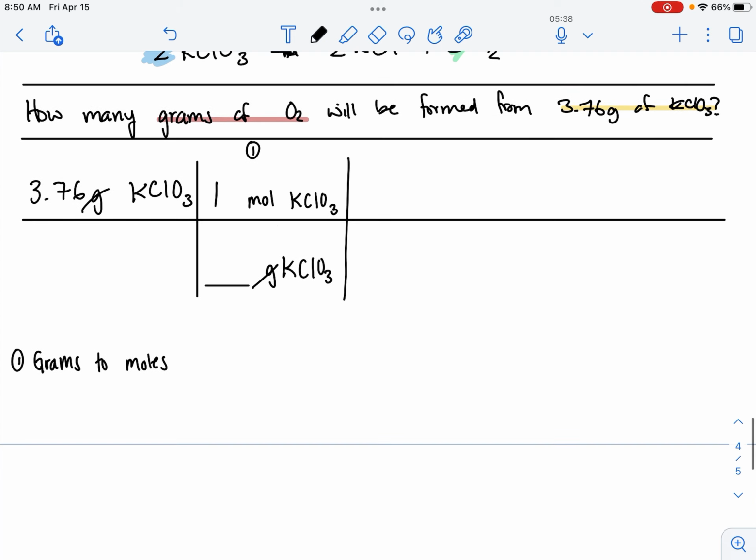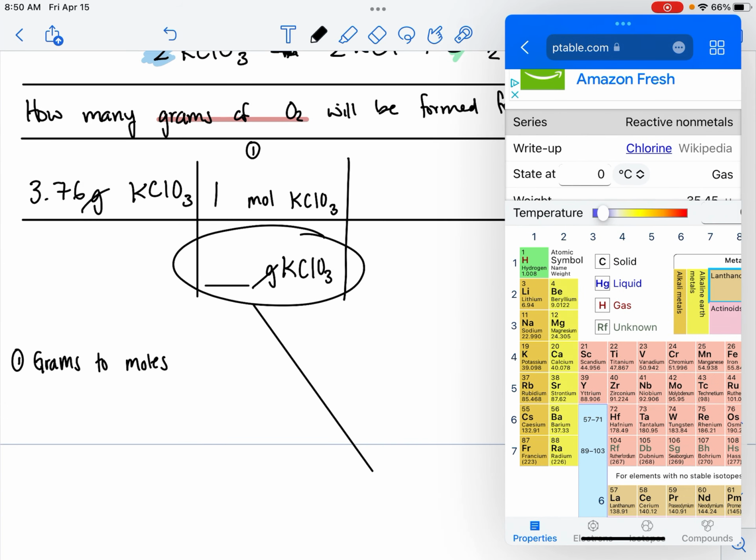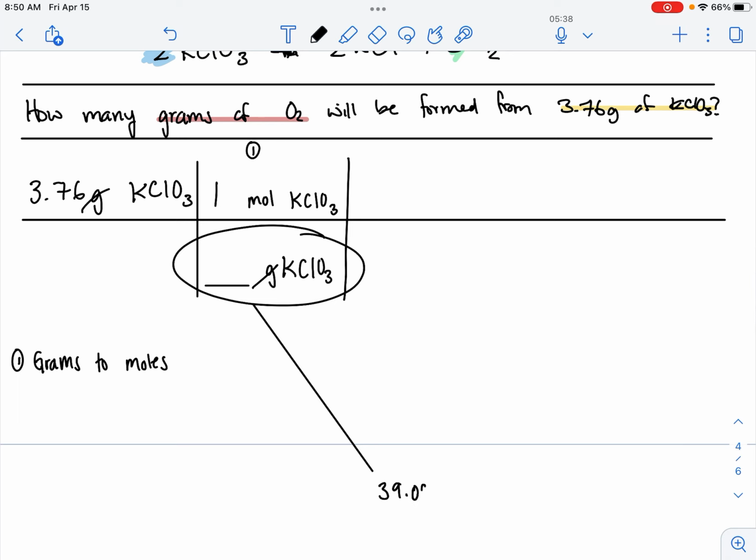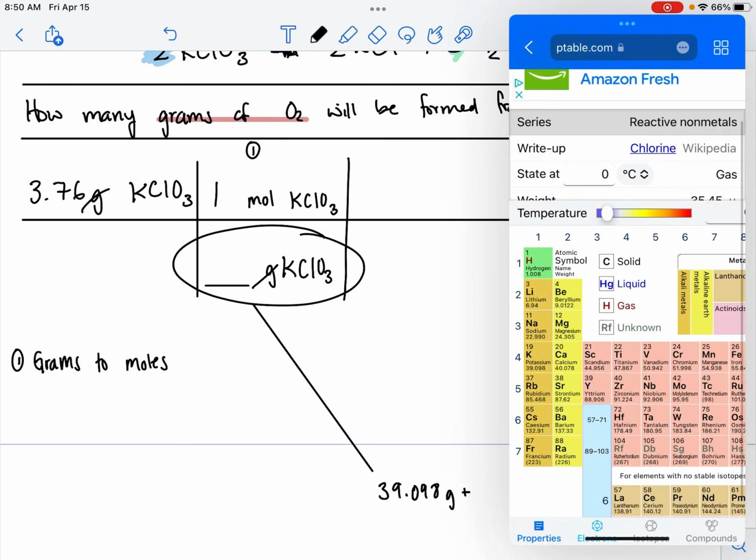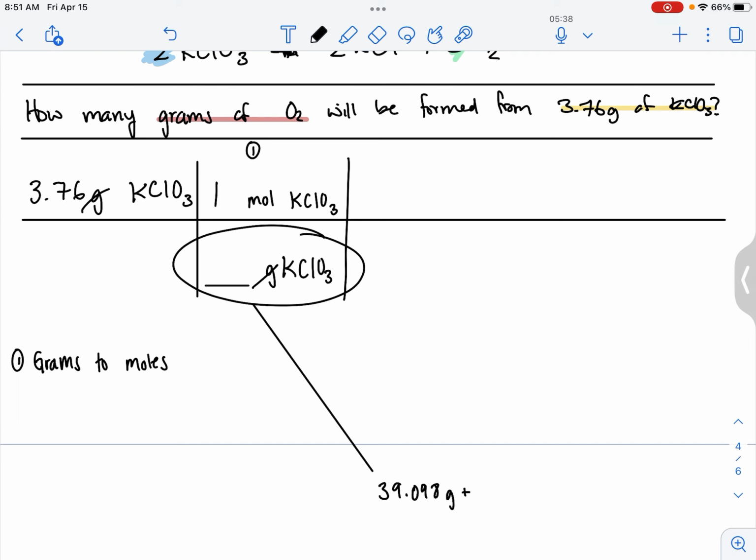So let's put that work down here. The numbers I have: 39.09, or 39.08. That's my K. My Cl is 35.45. And then I have 3 O's, so I'm going to multiply 3 times 15.999.